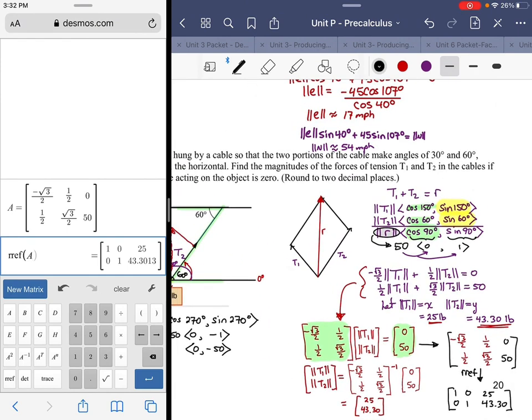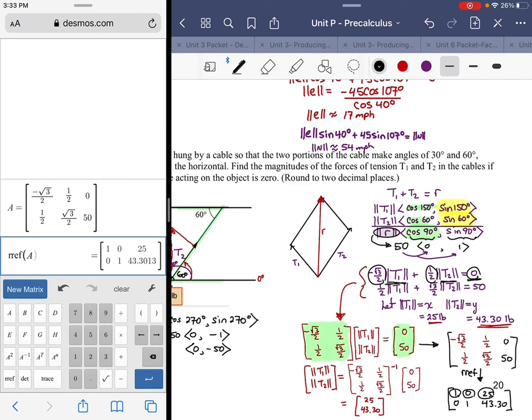I don't want to close it up yet, and we still get that 25 and 43.30. It just kind of means something a little bit different now. If you think about what we originally used in order to get it into the matrix, we took the coefficients of T1 and T2 and what the whole expression was equal to.